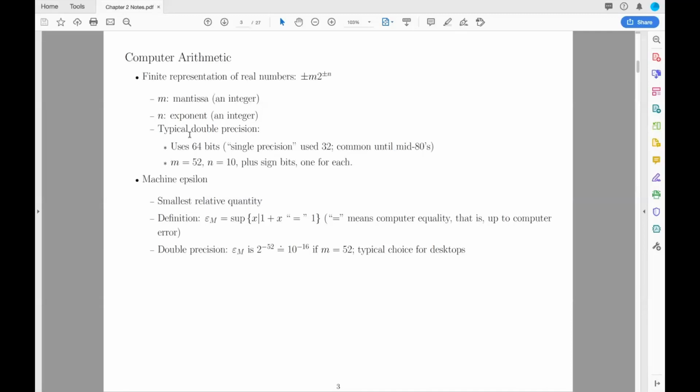What that means is that the computer uses 64 bits to represent a real number. Up until roughly the early 80s, computers were basically single precision machines. Each number had to fit within 32 bits. But in the mid 80s, the standard changed to double precision, 64 bits.